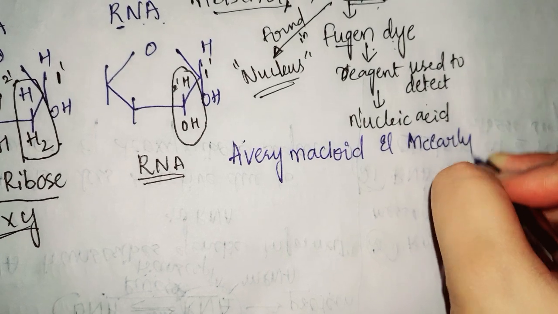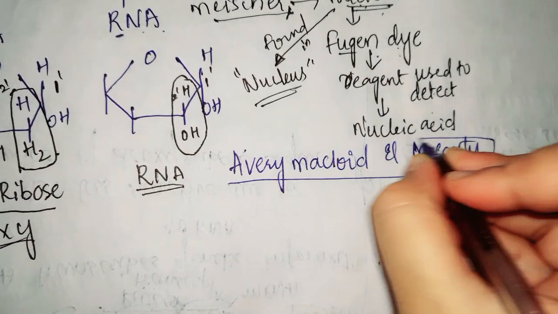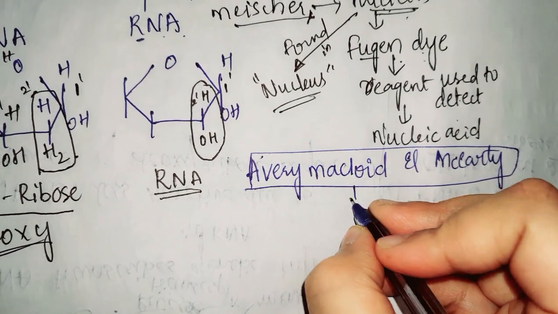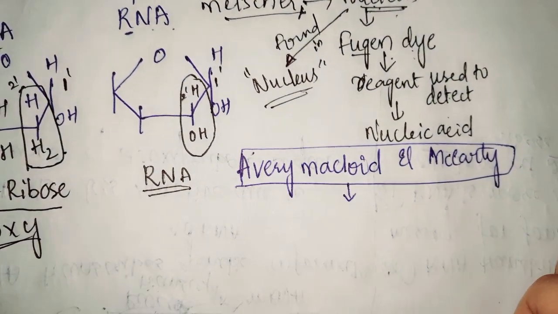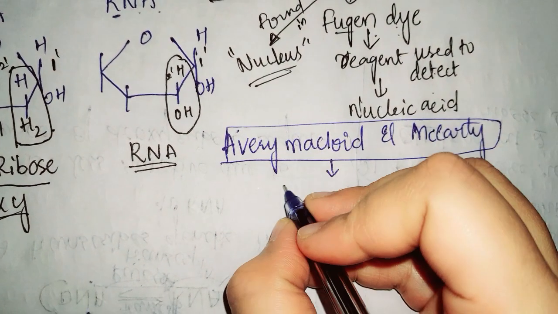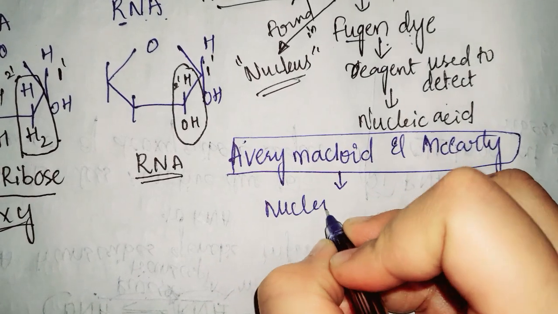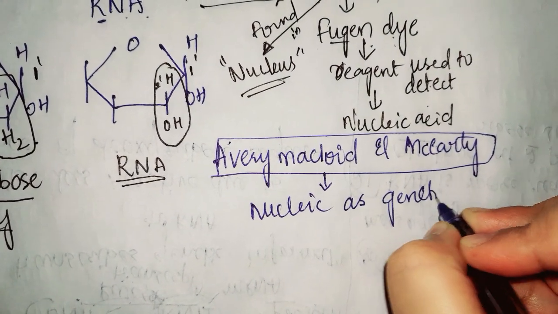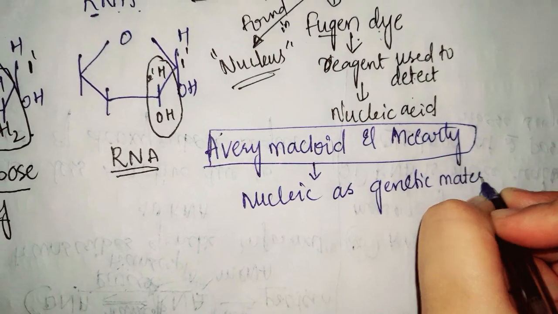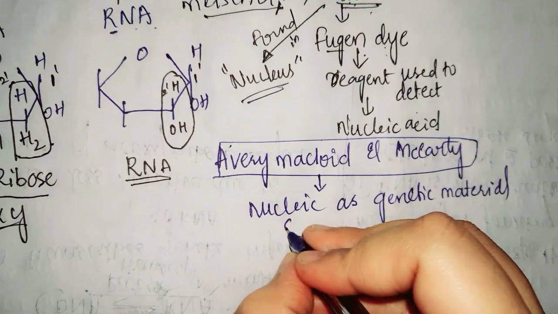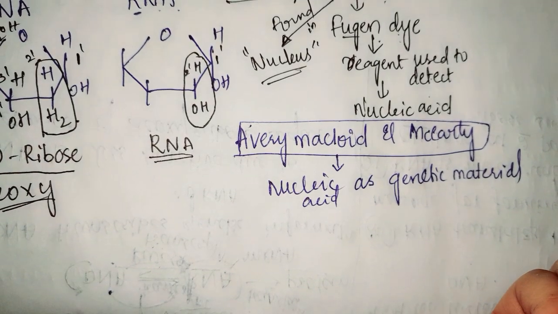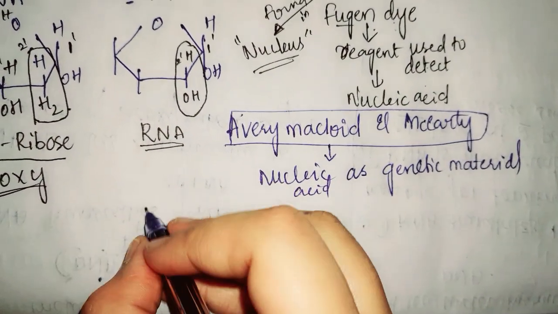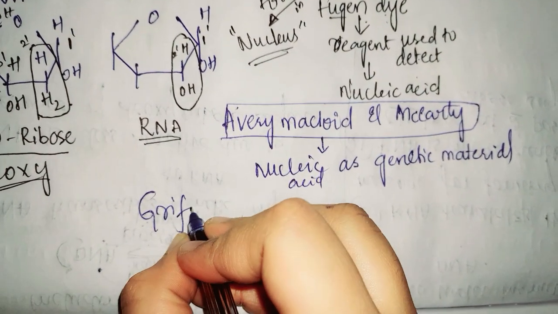Everyone knows that, right? Those who have completed their BSc or even 12th standard know that they proved nucleic acid as a genetic material. What happened after that? Griffith came, and Griffith did the transformation experiment.